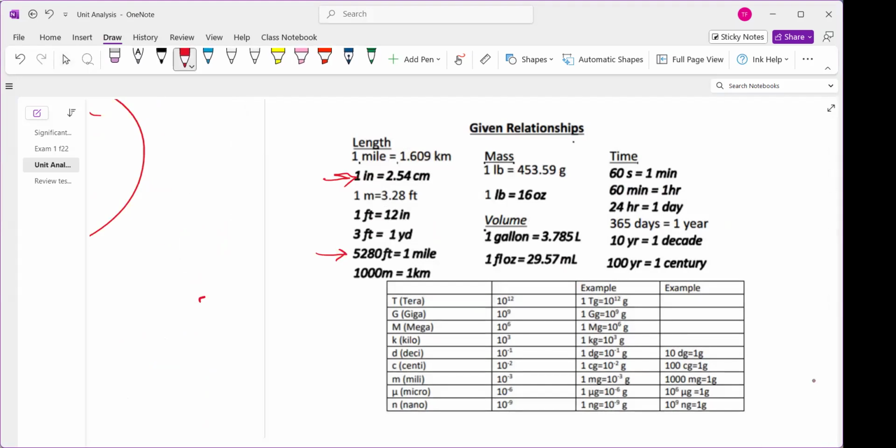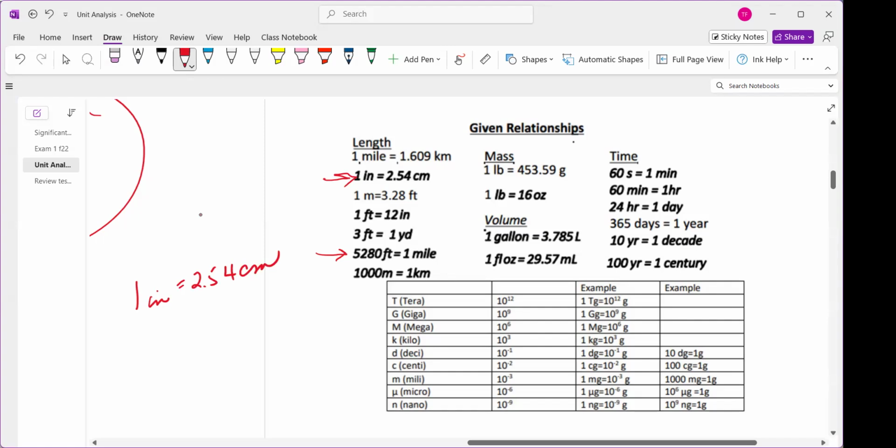In other words, 1 inch. Okay, so that's the equality.